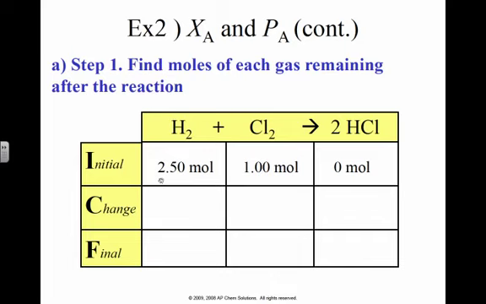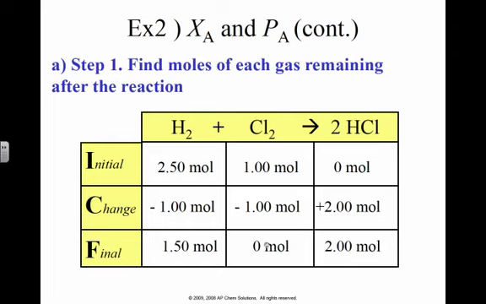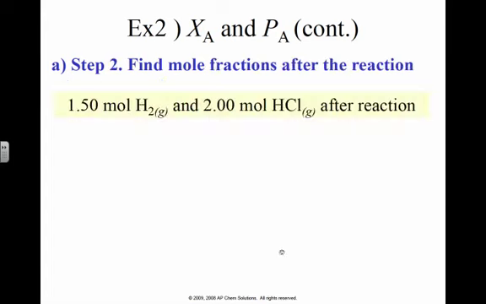Yes, I have more than 1 mole of hydrogen. So this is going to be my excess reactant. This is going to be my limiting reactant. So I'm going to lose all of this, lose 1 of that, gain 2 moles of that. This is going to end up being 0. This is going to end up being 1.5 moles, and this is going to be 2 moles of HCl. So at the very end of this reaction, I'm going to have 2 moles of HCl, 1.5 moles of hydrogen, and 0 moles of chlorine.